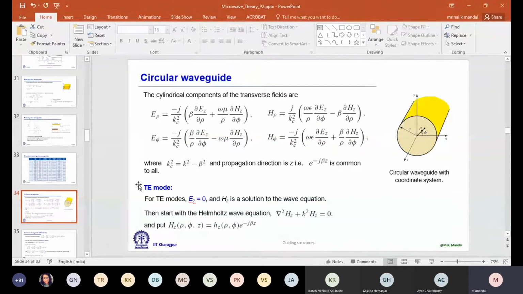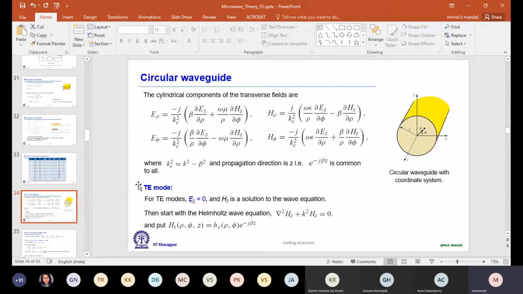The dispersion relationship is represented by the same equation, kc squared equals k squared minus beta squared. Now, if we look into two different scenarios, here also TE mode and TM mode are both possible.